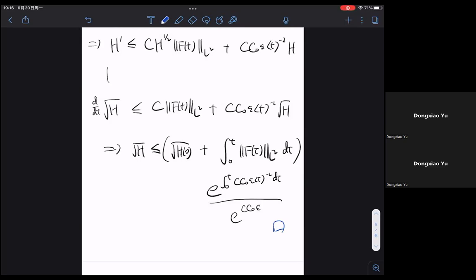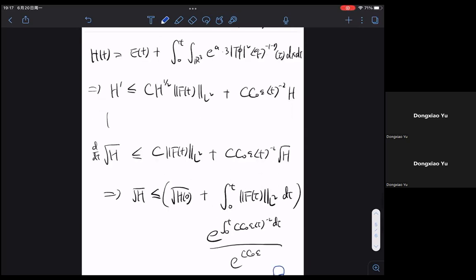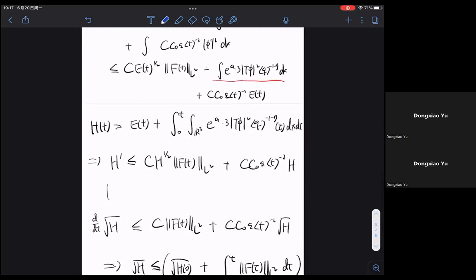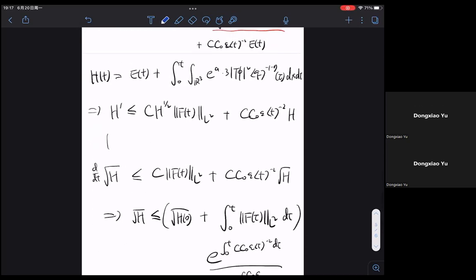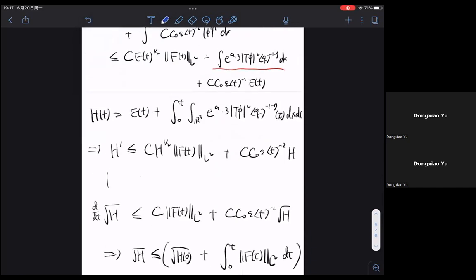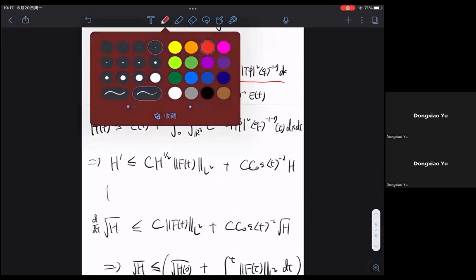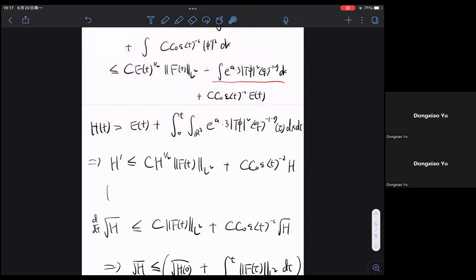Using the null condition, we can actually get a good thing, that is, we can get an actual positive term, which is this red underline here.